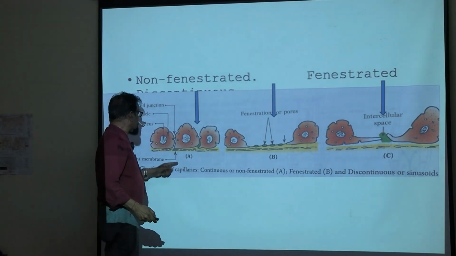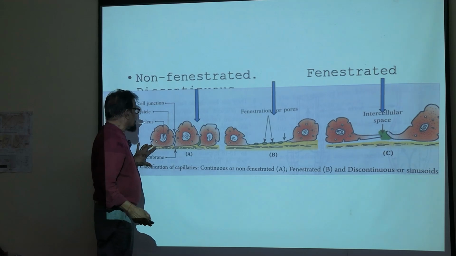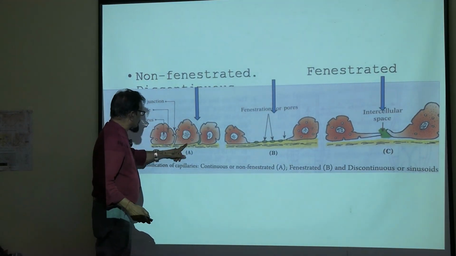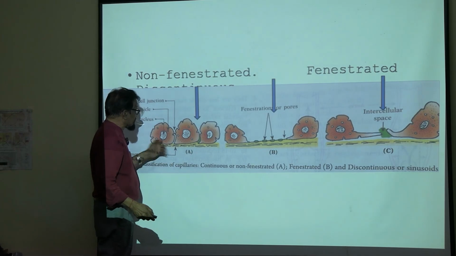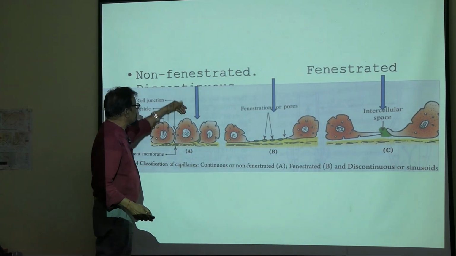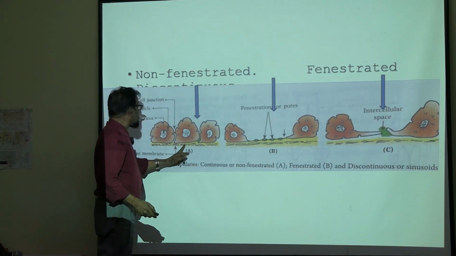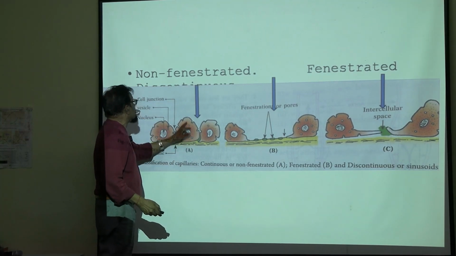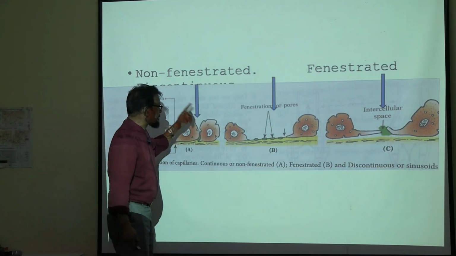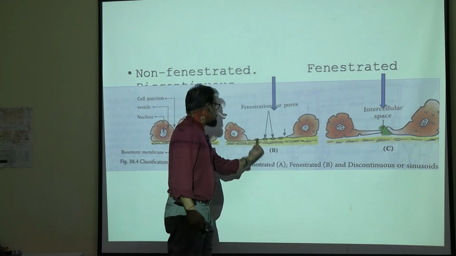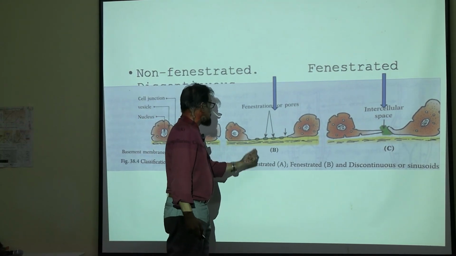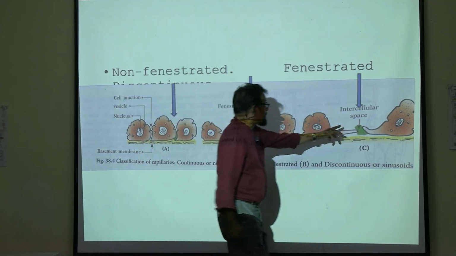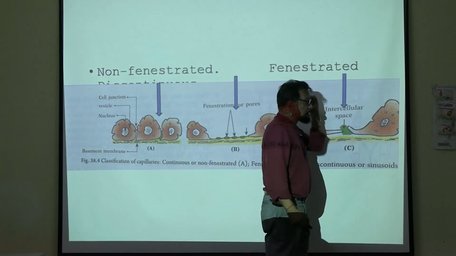Through these pores, blood enters; this is the wall of the capillary, and this is the lumen. This is the exchange technique. Here there are pores, and through these pores substances from the blood enter the exterior. Here there is a gap, and through this gap material comes out.